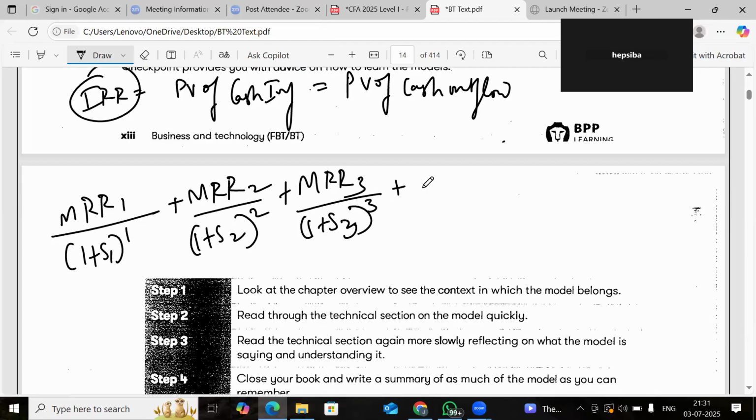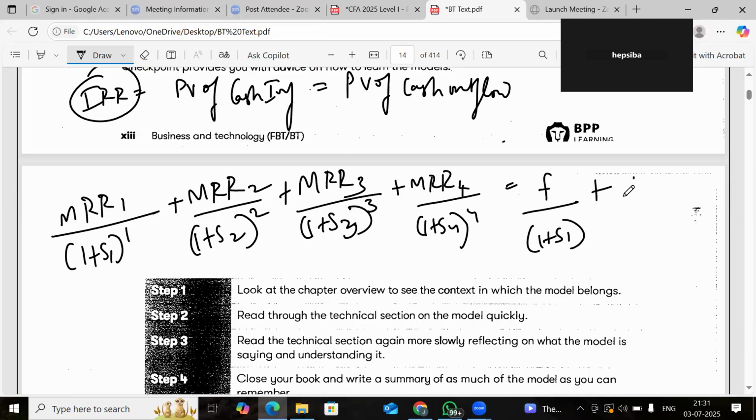Market reference rate in the fourth quarter, 1 plus spot rate in the fourth quarter. All this sum total should be equal to the RHS, 1 plus S1. The fixed rate is the swap rate. We are going to calculate the fixed rate.